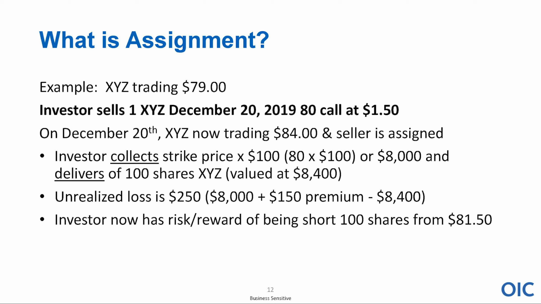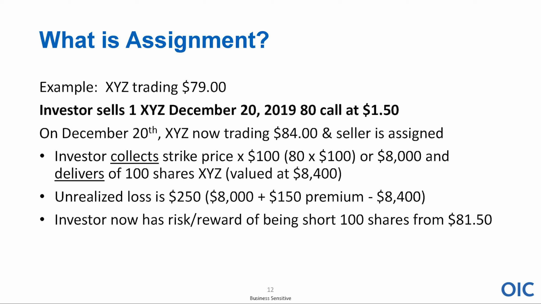But in this particular case, let's go back to the assignment. If you are short an option, if you have sold an option, you do not control whether you are assigned or not. It is a random process through your broker to the Options Clearing Corporation, and you will be notified when you are assigned. Okay, so assignment is not bad. If you buy a stock and then you sell a stock higher, that's not a bad event, is it?